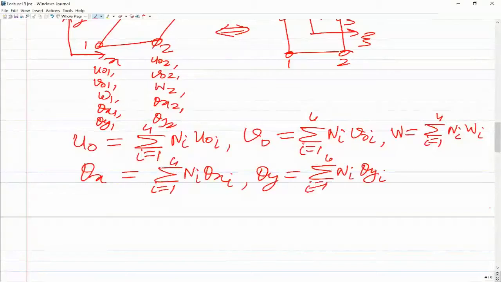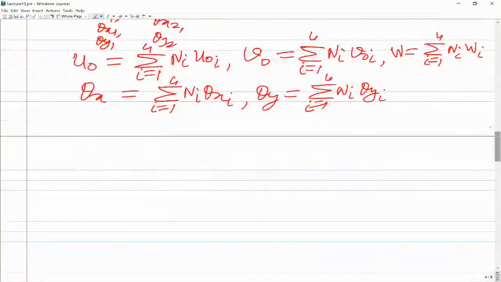And if you follow the steps we did earlier, now you can get the element level governing equation. You should try yourself to write all the intermediate steps that I'm skipping over here, because this is the standard approach. So I'm not writing them.